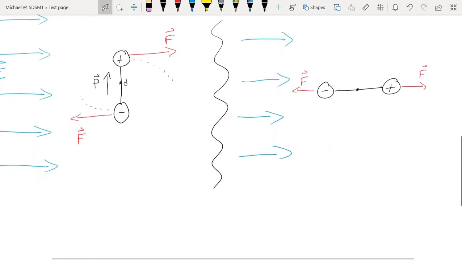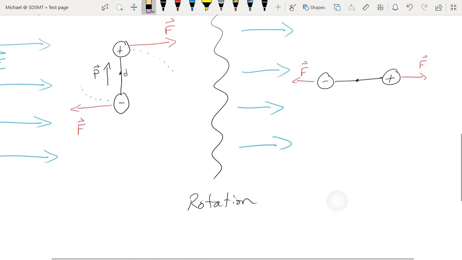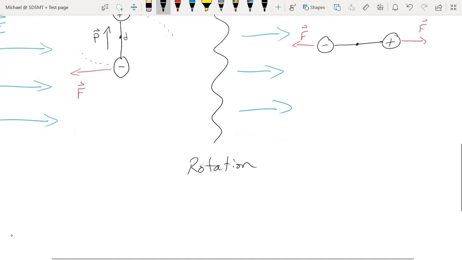The whole idea behind this rotating dipole goes back to the last chapter that was covered in Physics 1, which had to do with rotational motion. When we apply a force to any object that is going to start rotating, we get something called torque.